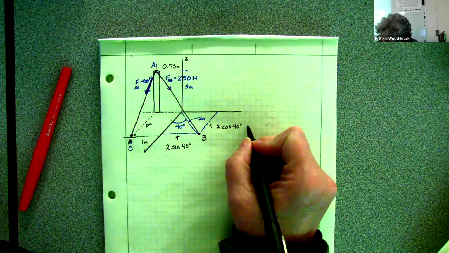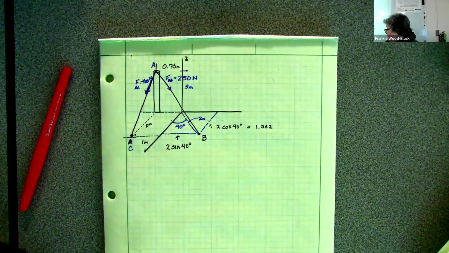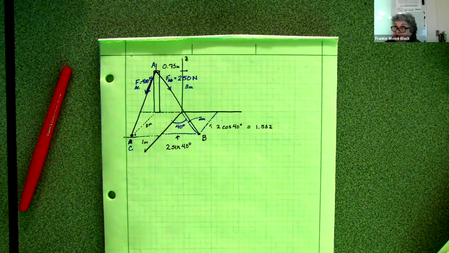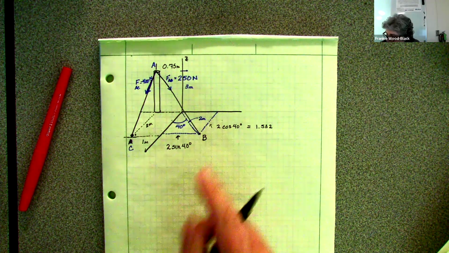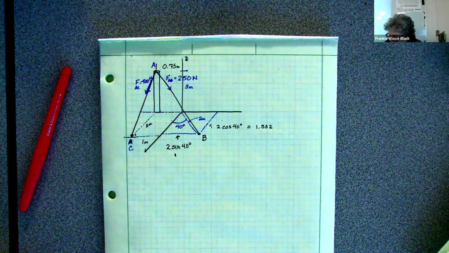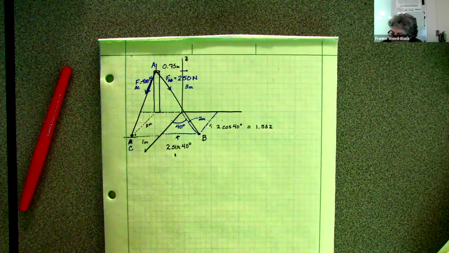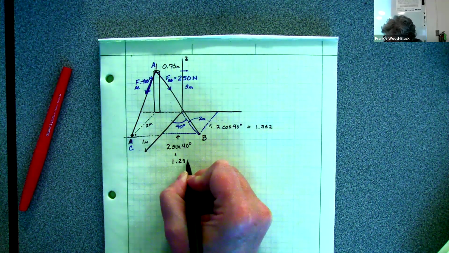So I'm going to end up with 1.532, and I'm going to keep those just because it's not too bad of a number to deal with, but I'm not carrying this all the way through my problem. I'm going to figure out this one. And this one is 1.286.